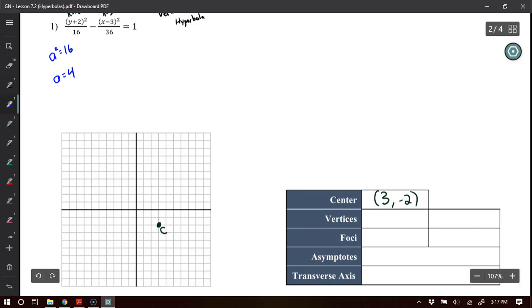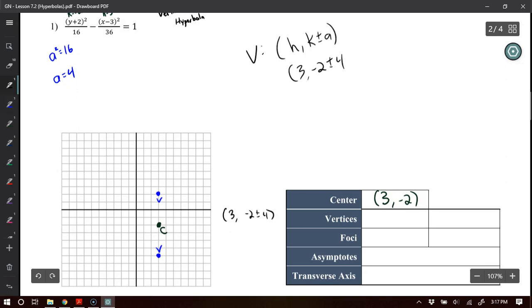So I'm going to go from my center up 1, 2, 3, 4, plot the point, and put a V. From the center down 4, 1, 2, 3, 4, put a V. Wait, I counted. I actually did not use the formula. I apologize. Let's use the formula. The formula on the formula sheet for vertices for a vertical hyperbola says h comma k plus or minus a. So that would be 3 comma negative 2 plus or minus 4.